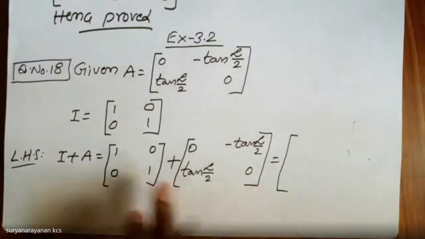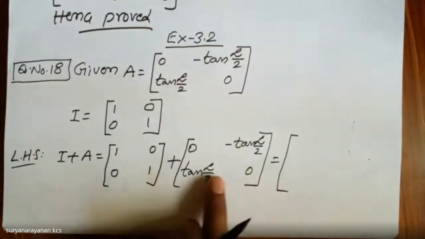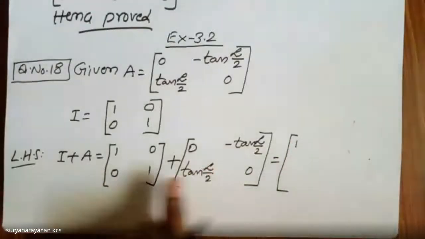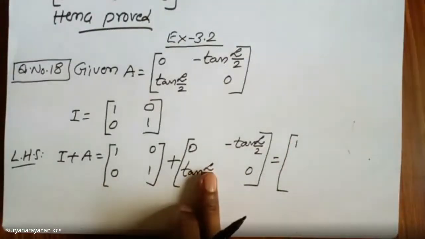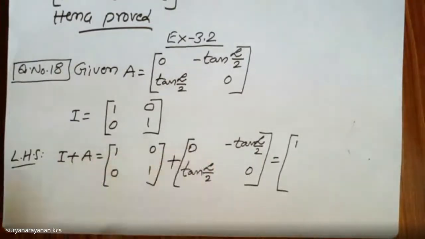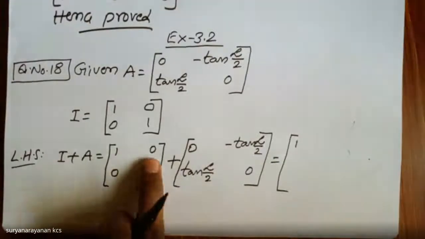Now, can you tell me what is the sum of these two matrices? 1 plus 0, 1. Here, addition of corresponding elements. Don't be confused with the multiplication of matrices. Here plus sign is there. Simply we have to add corresponding elements. That's all. 1 plus 0, 1. 0.